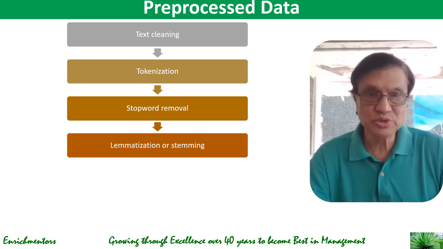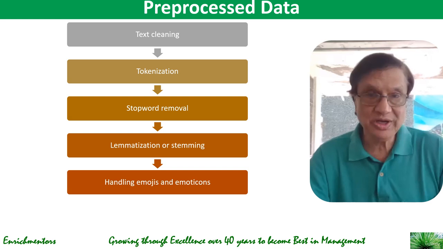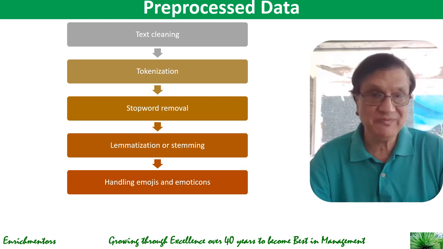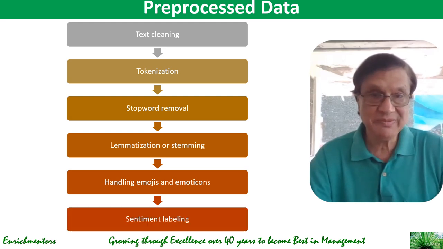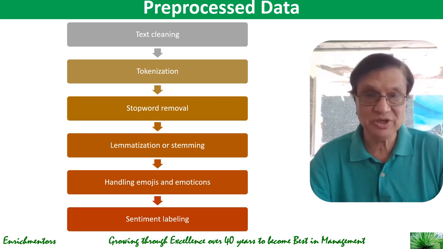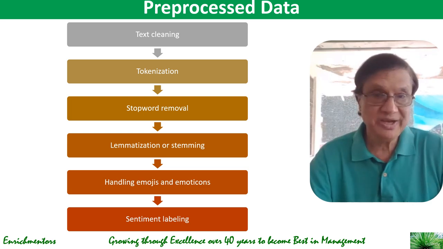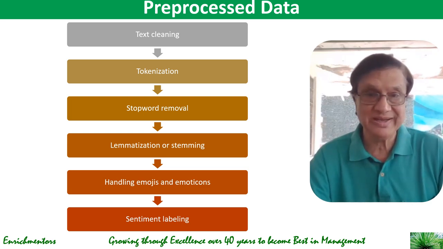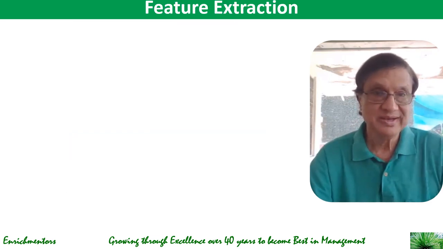And then they reduced words to their basic or root form to normalize variations, like running. They lemmatize to run. Then they converted emojis and emoticons to text representation to include sentiment-related information, and finally assigned sentiment labels positive, negative, and neutral to each review based on ratings or a sentiment analysis algorithm.